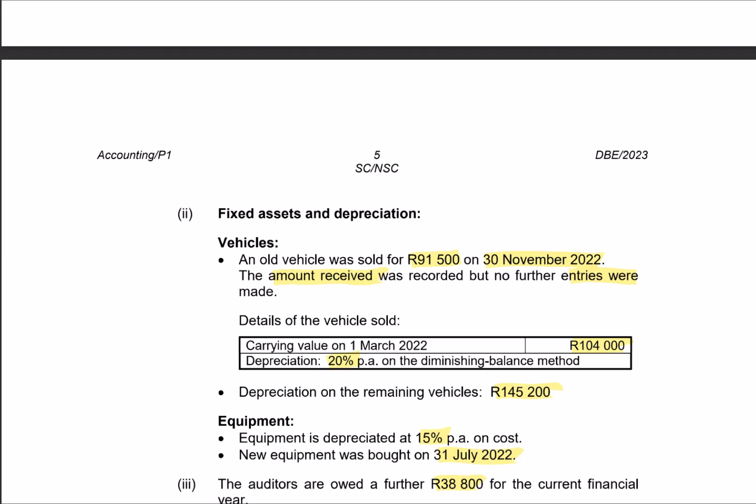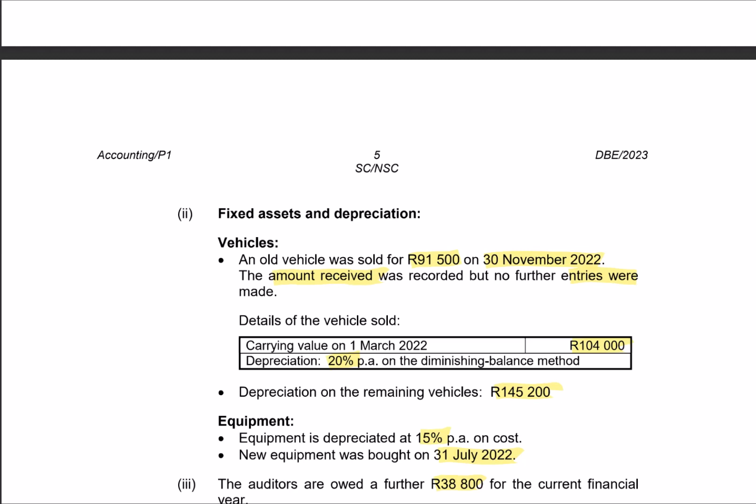The amount received was recorded, but no further entries were made. Details of the vehicle sold: carrying value on 1 March 2022 is 104,000. Depreciation 20% per annum on the diminishing balance method. So the vehicle was sold on 30 November, that is 9 months into the year, right?